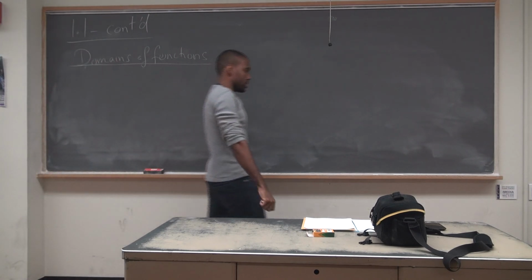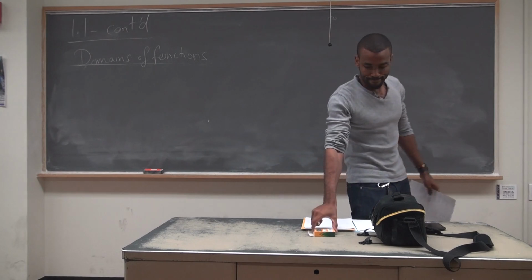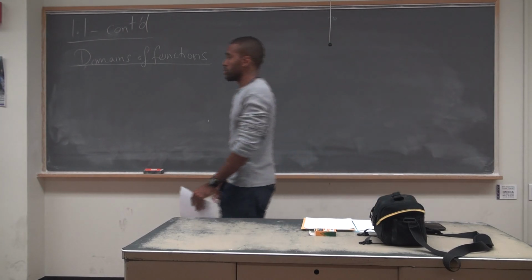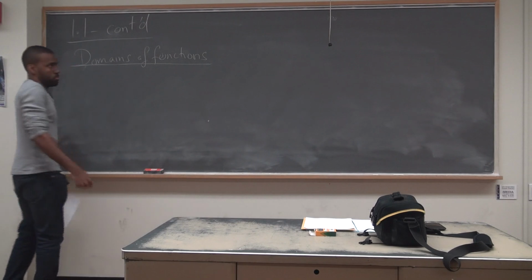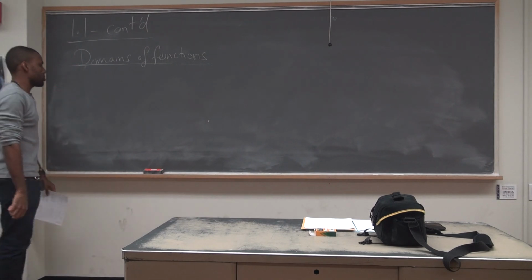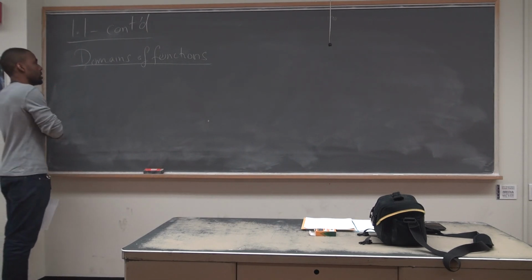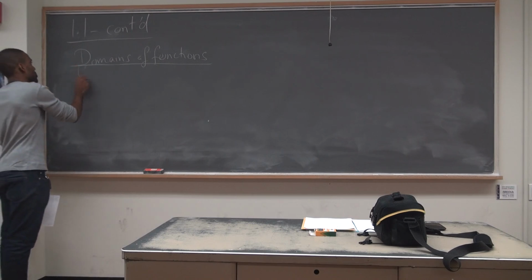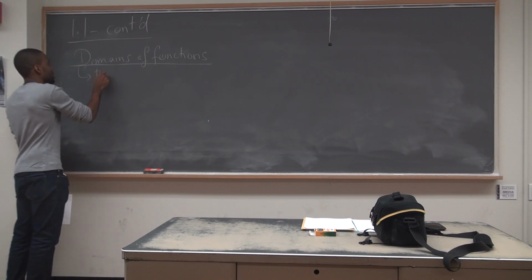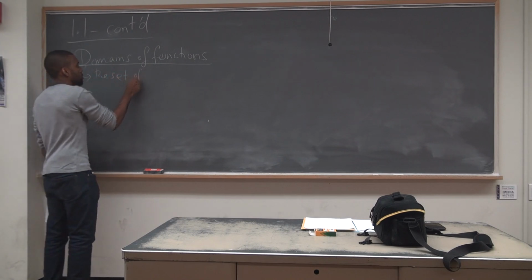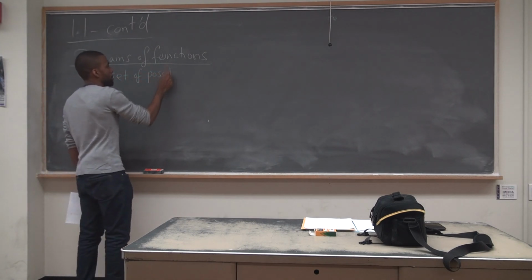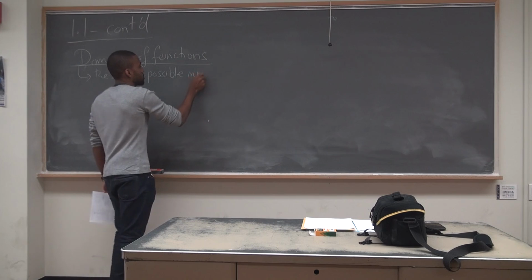What's the domain of a function? All possible x values. All possible x values are input values, more specifically. Okay. All right. So now we're going to talk about the domain. This is basically the set of possible input values.